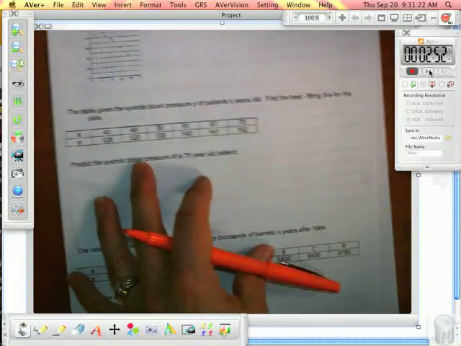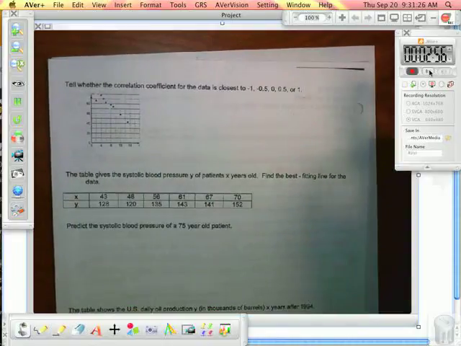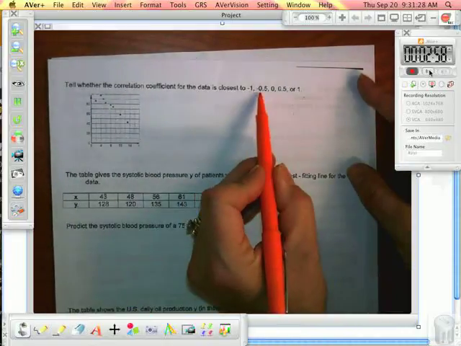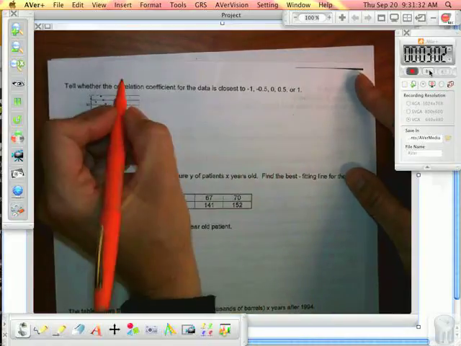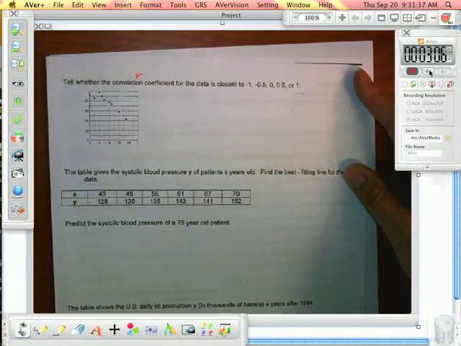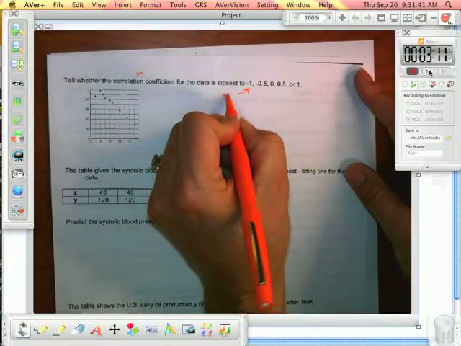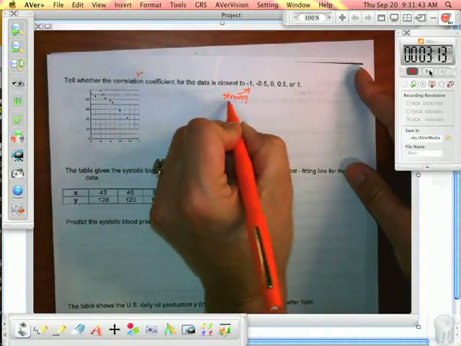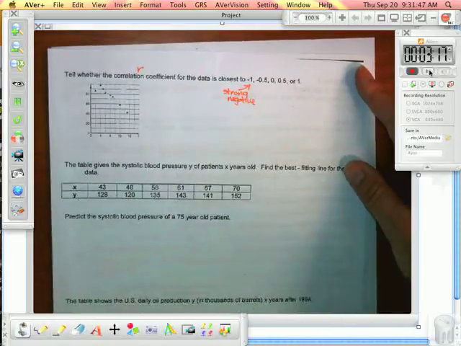This part, it says, tell whether the correlation coefficient for the data is closest to -1, -0.5, 0.5, or 1. Well, this is where the correlation coefficient is R. We're representing it with R. And basically all these numbers mean is if it's a strong negative, I'll show you, just hang in there. If it's a strong negative, we're going to say R is -1.